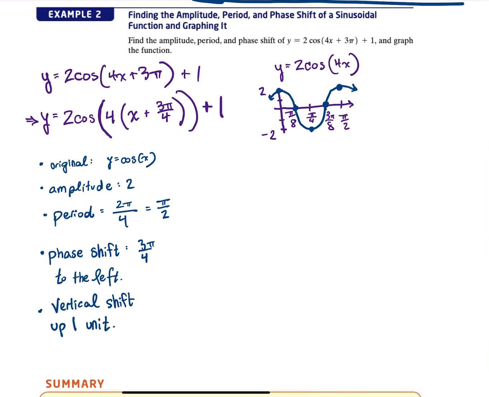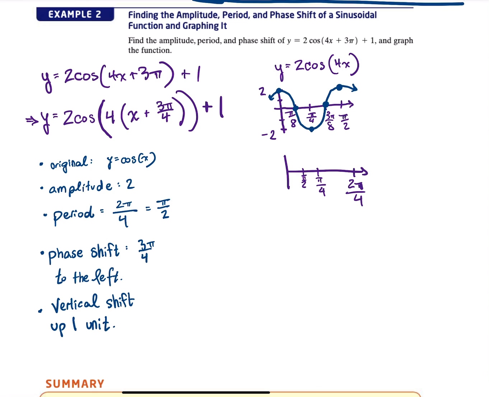Another way to think about this, I'm just trying to present multiple ways to get little tricks for this. If we know originally we went out to 2 pi, and we had pi, pi over 2, and so on, we're dividing everything by 4, which is what happened to the period, you can just go here and divide all of these by 4 and then reduce the fraction.